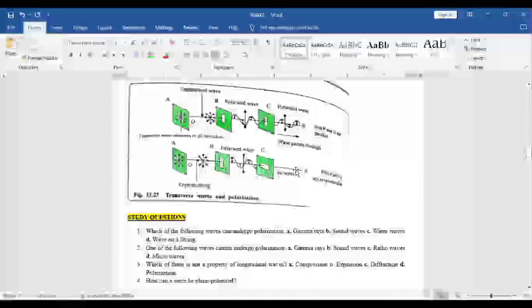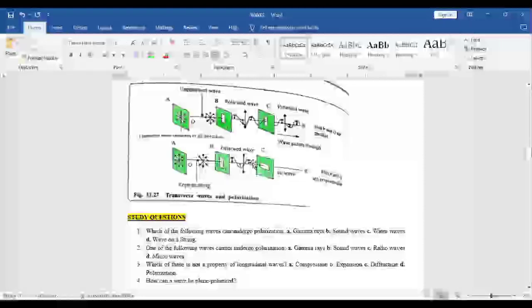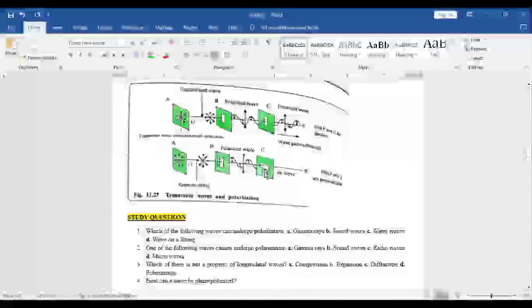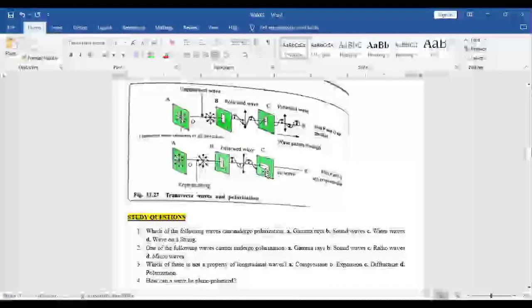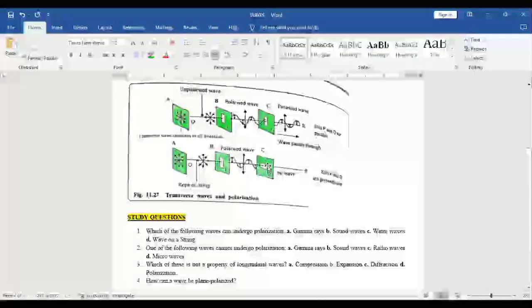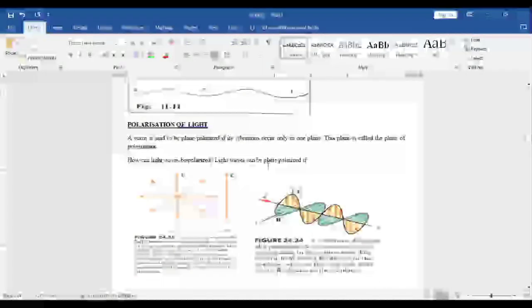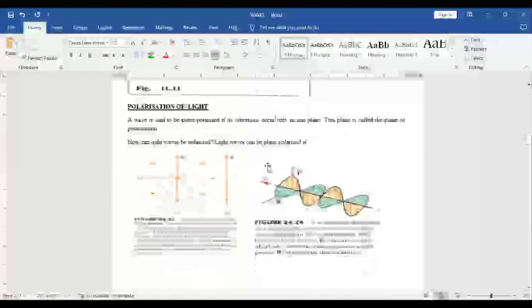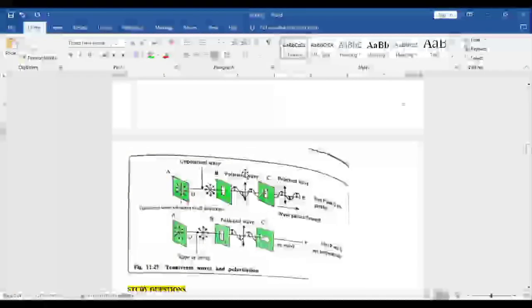It became attenuated because it can only pass through one plane, and that polaroid is being rotated. Okay. Let's go back to the other figure. All right, I think we can move ahead.